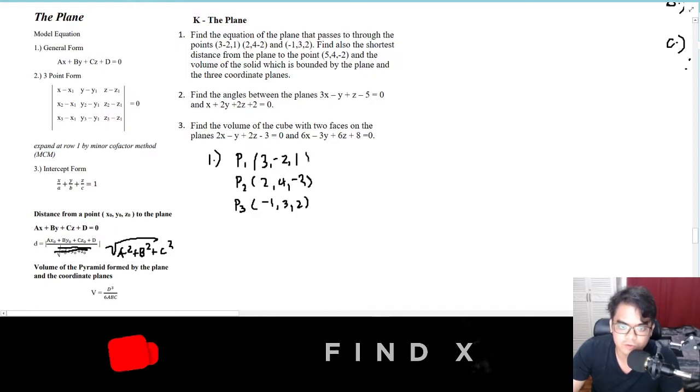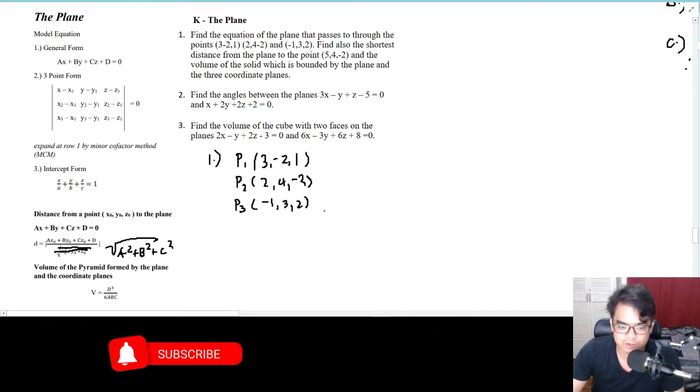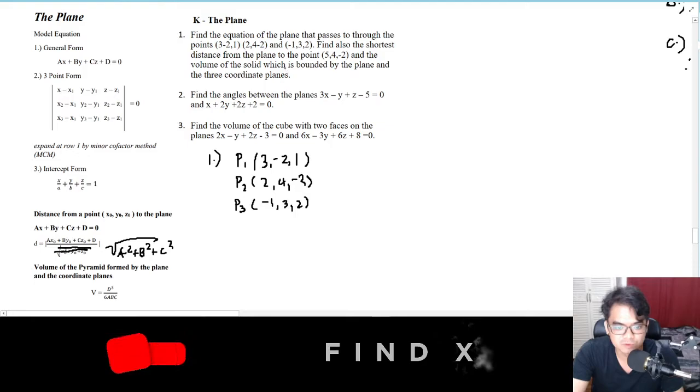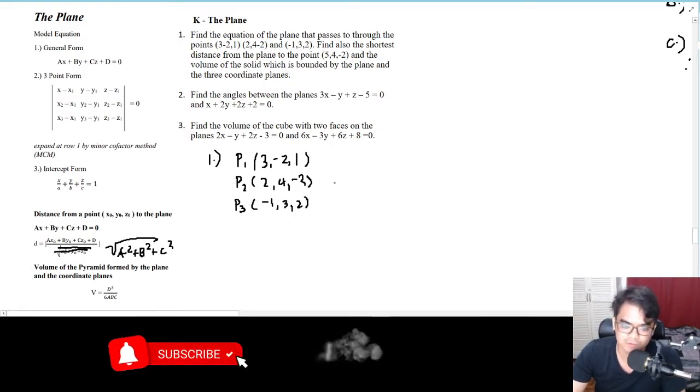So these are the 3 points. We have to find the equation of the plane, and also the shortest distance from the plane to the point, and the volume of the solid bounded by the plane and the 3 coordinate planes. So we have 3 answers for this one.